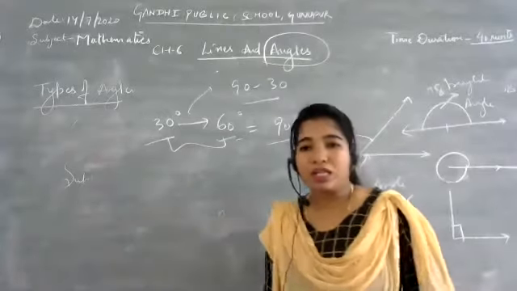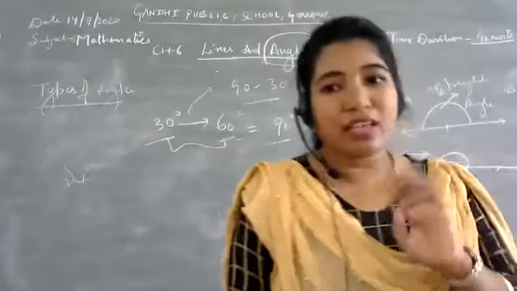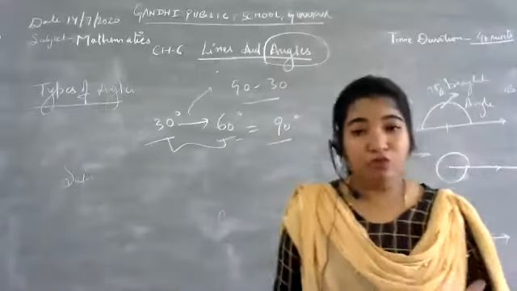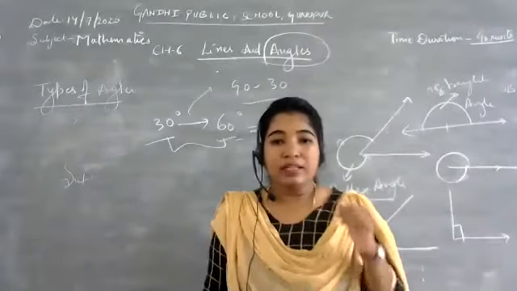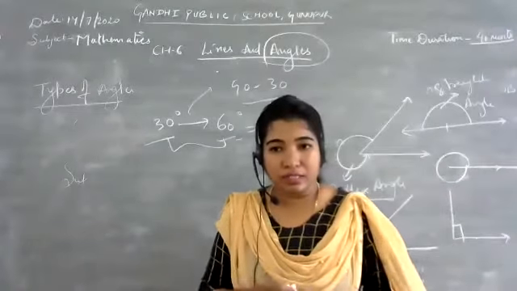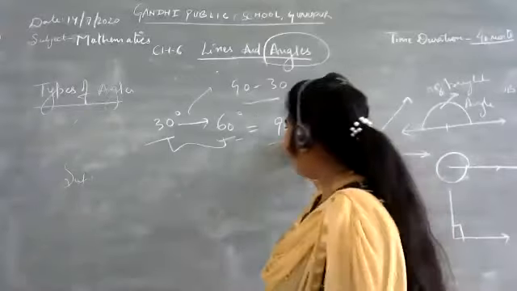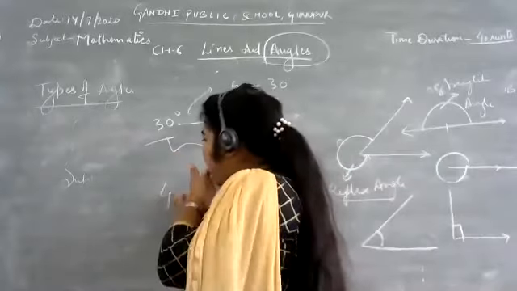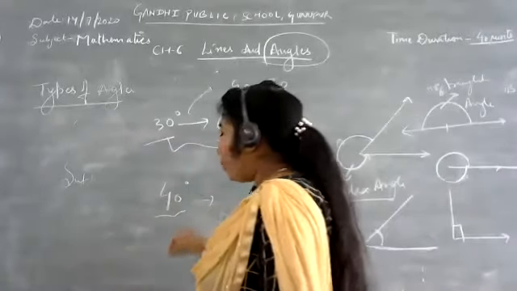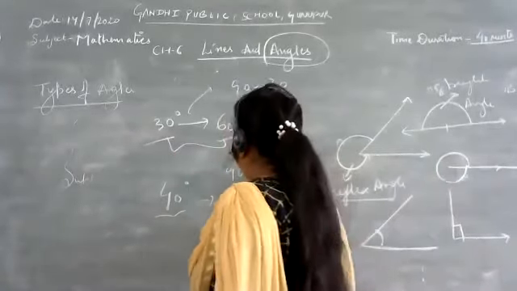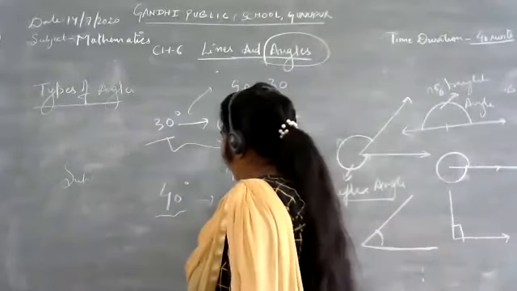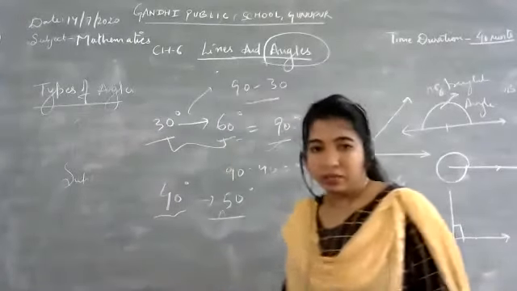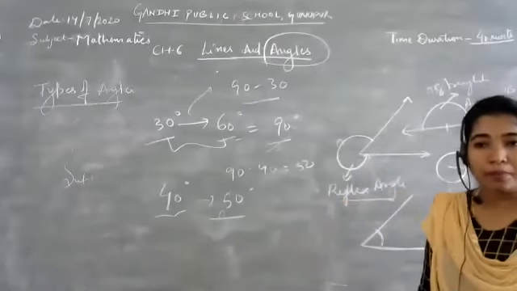If anybody asks you to find the complement of a given angle, it will be 90 minus the angle. If the angle given is 40 degrees, what will be its complement? 90 minus 40 is 50. So 50 will be its complement.